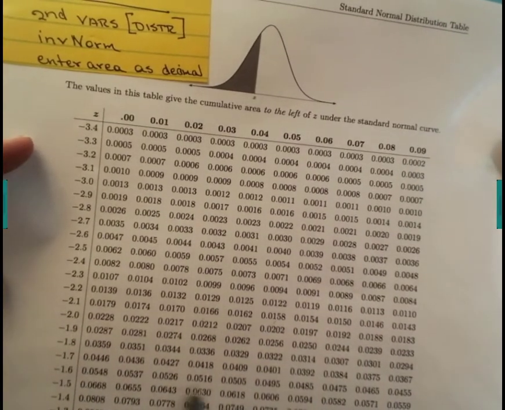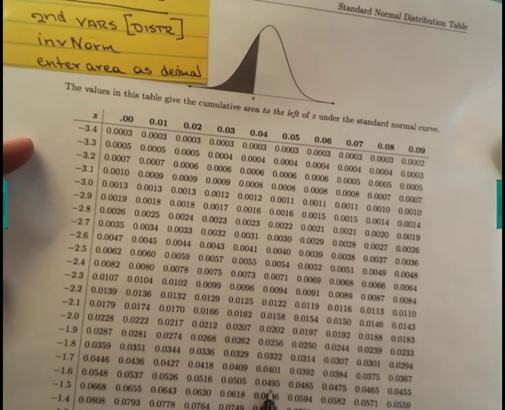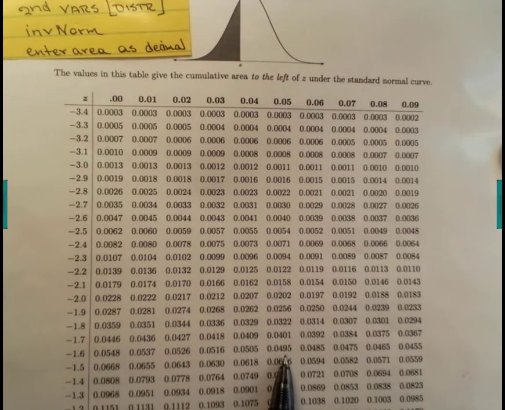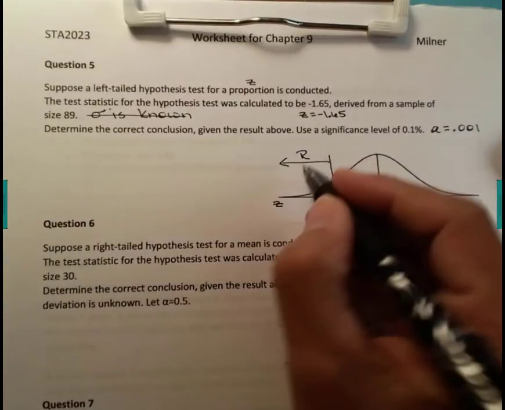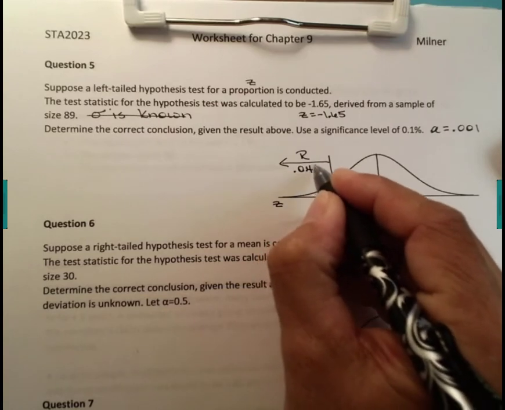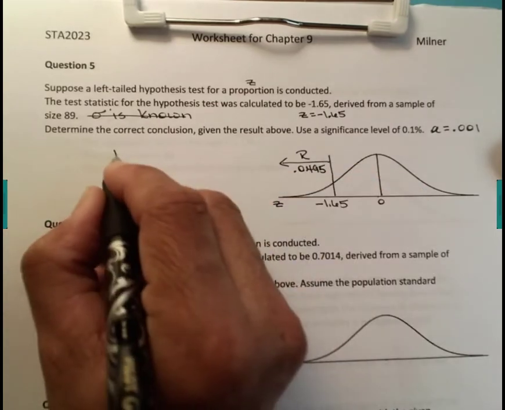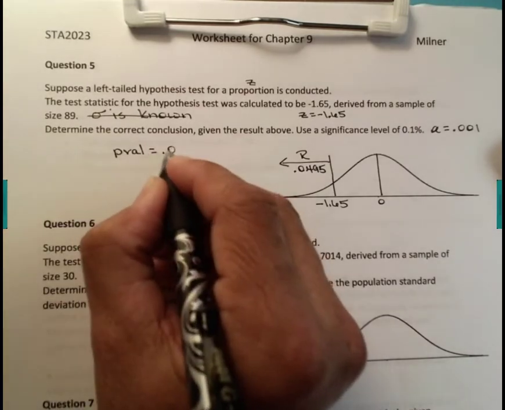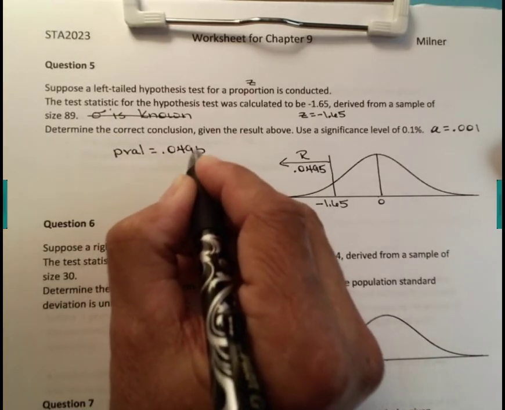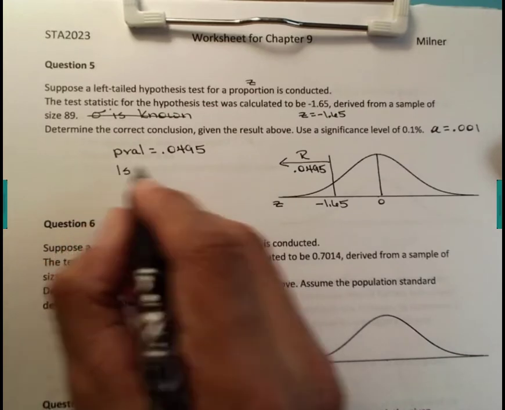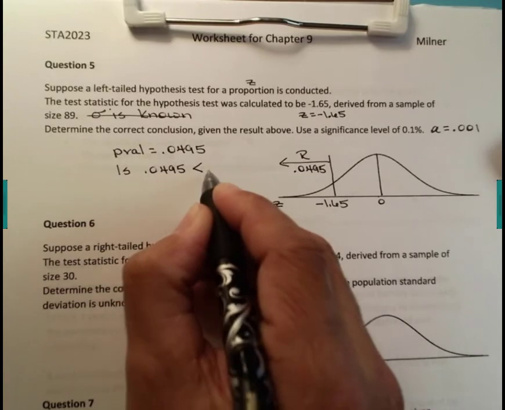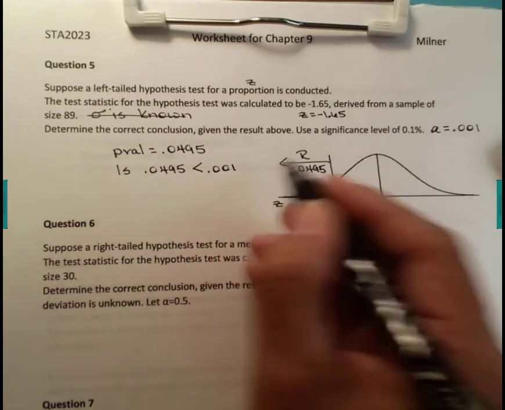I'm going to go to negative 1.65 and find out what the p-value is. There it is. It's 0.0495. So p-value is equal to 0.0495, and you have to ask yourself, is 0.0495 less than 0.001?